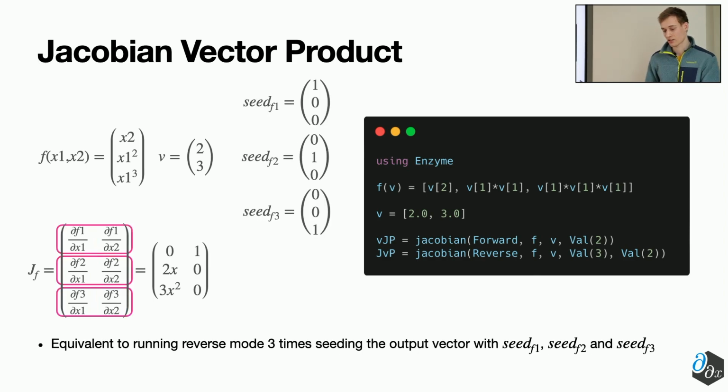And here we can see how we can compute the vector Jacobian product. This time we have to seed our outputs in a one-hot encoding, so that we can propagate the correct gradients to our inputs. And down there you can see how this is computed row-wise instead of column-wise. And both are equivalent in the end.